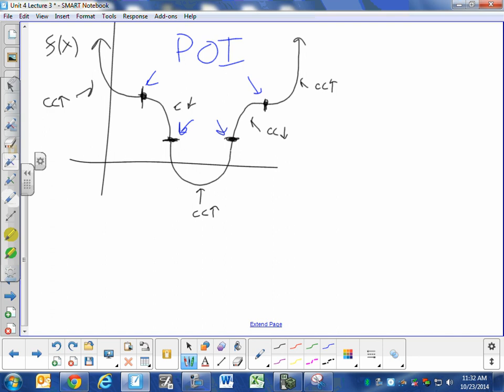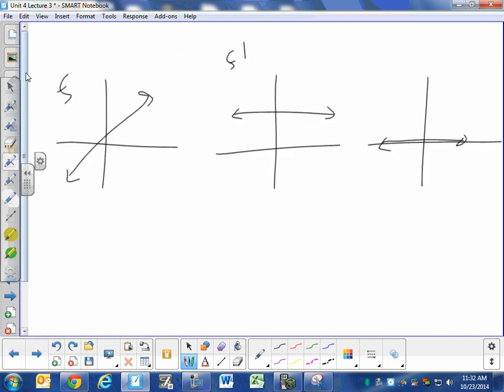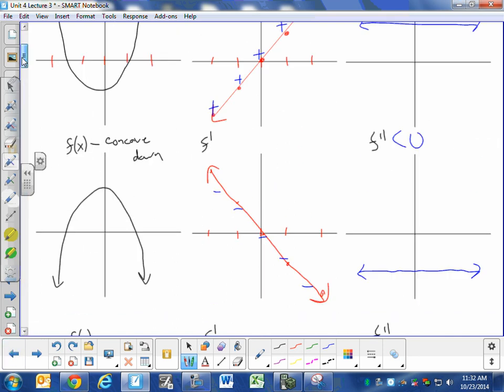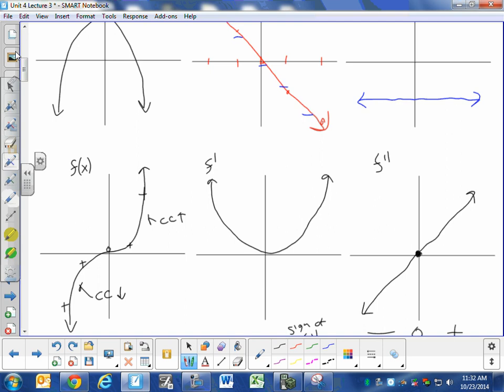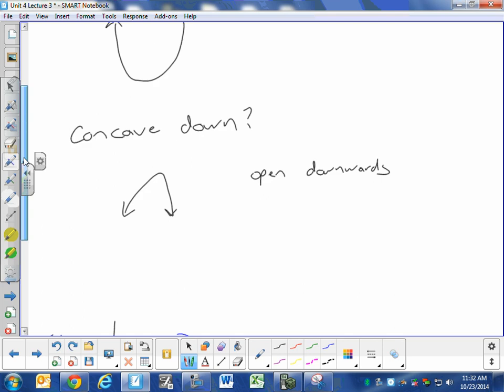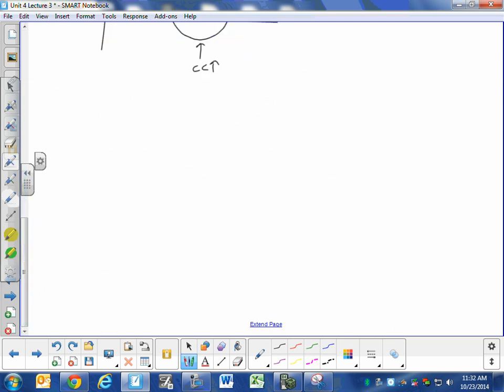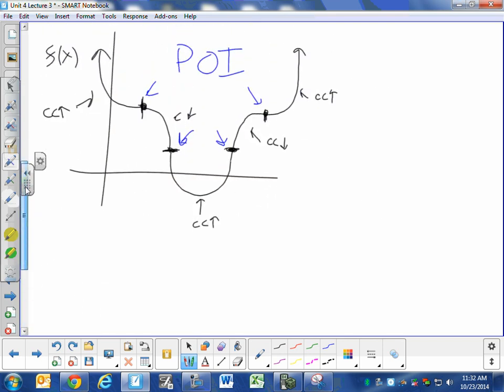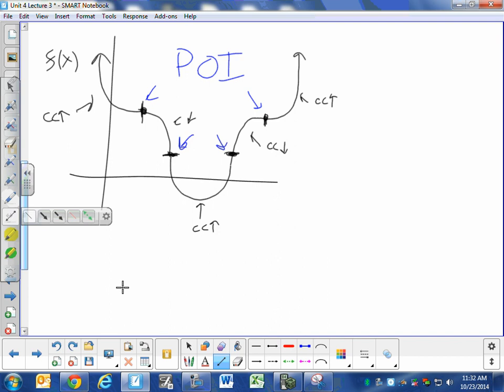Well, seeing what we did here, when we had this one point of inflection and we drew this number line, we're going to do almost the same thing as what we were doing with f prime to examine concavity. When I'm given a function, I'm going to draw a number line and examine the signs of f double prime.